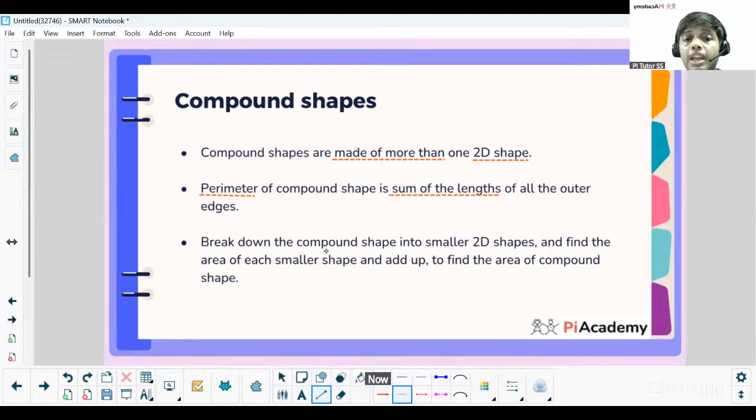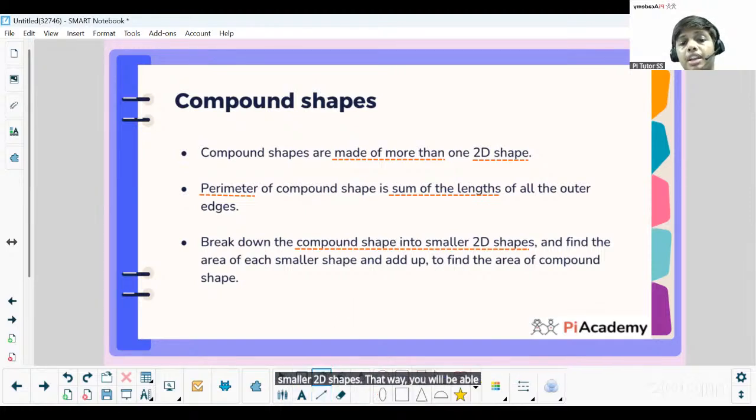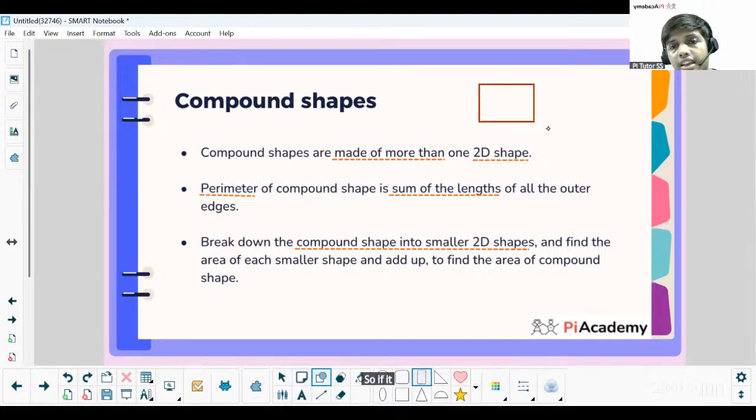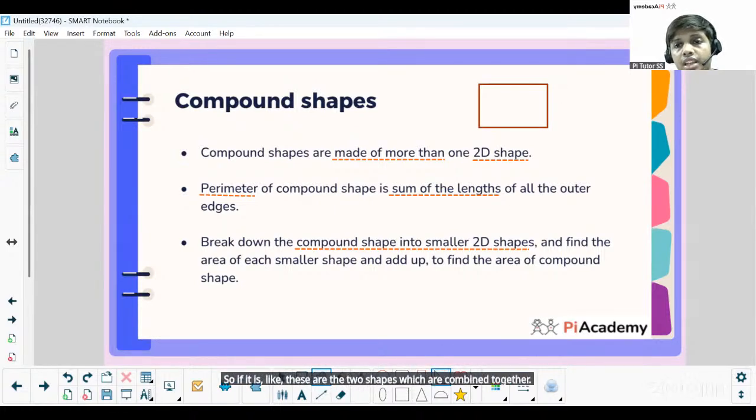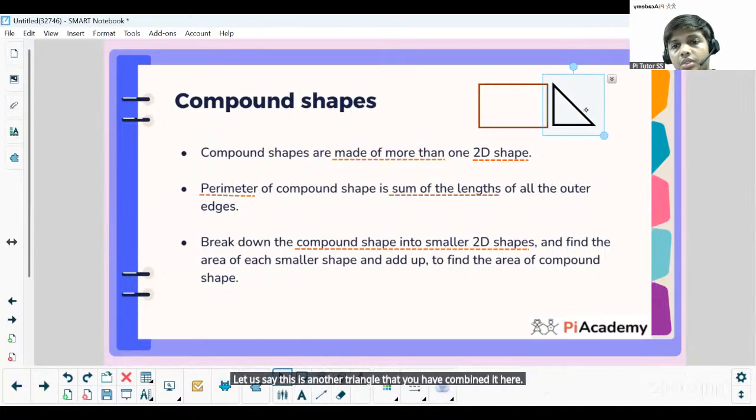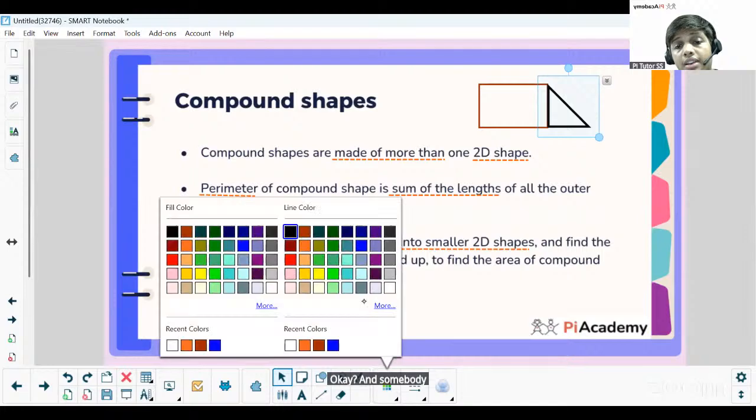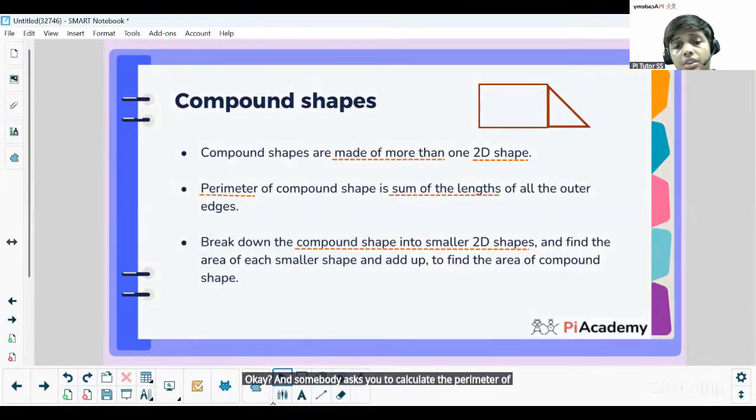Now you have to break down the compound shape into smaller 2D shapes. That way you will be able to find the perimeter easily. So if these are the two shapes combined together, let us say this is another triangle that you have combined here, and somebody asks you to calculate the perimeter of it. What are you going to do?